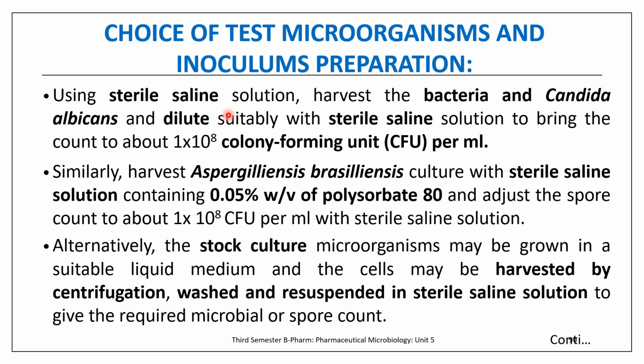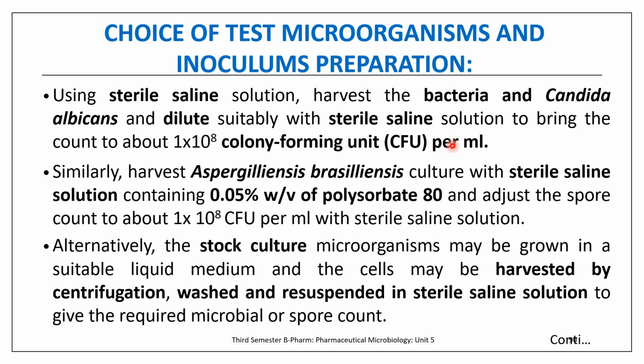So we have to prepare the inoculum in a sterile normal saline solution, both for bacteria as well as fungus, and dilute with sterile normal saline solution again to get a concentration of 10⁸ colony forming units per ml. In one ml, there should be 10⁸ microorganisms, or colony forming microorganisms, so we have to dilute it accordingly.